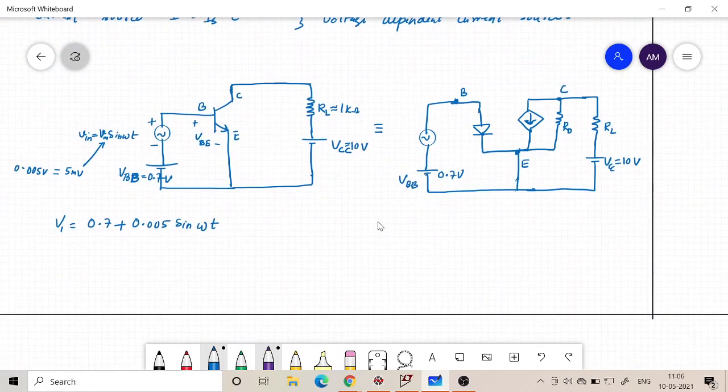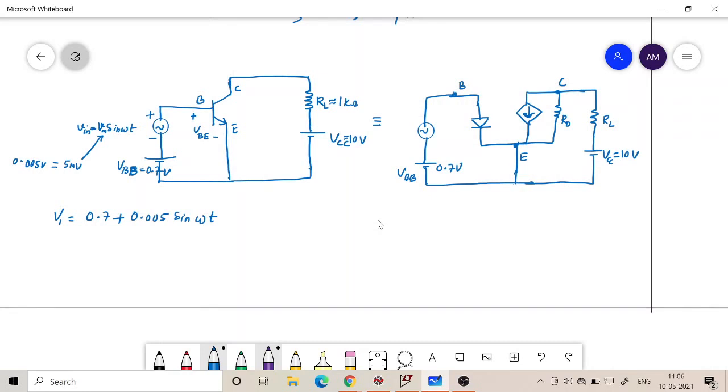So this is our VBE. I am going to draw the transfer characteristics, which is IC here. Again, this is not the input characteristic, it is the transfer characteristic, but they both have the same shape.